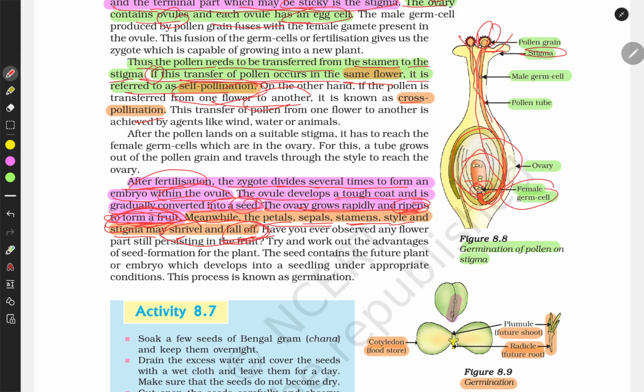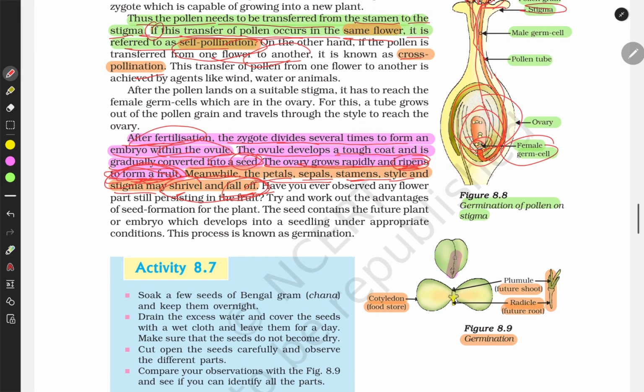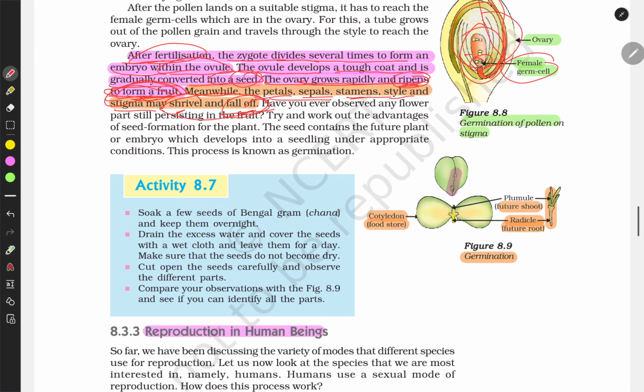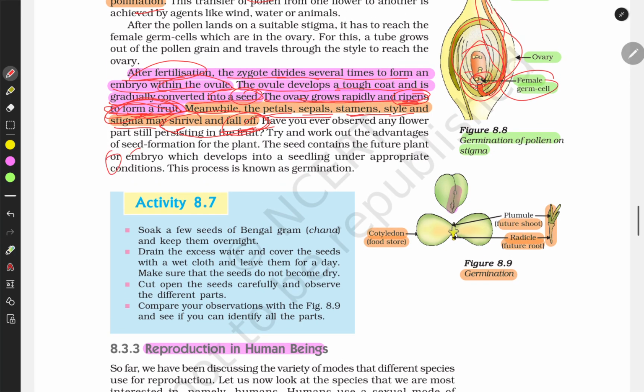So when some animal comes, it will eat the fruit, and the seeds, which have a hard covering, do not get digested in most digestive systems of animals.